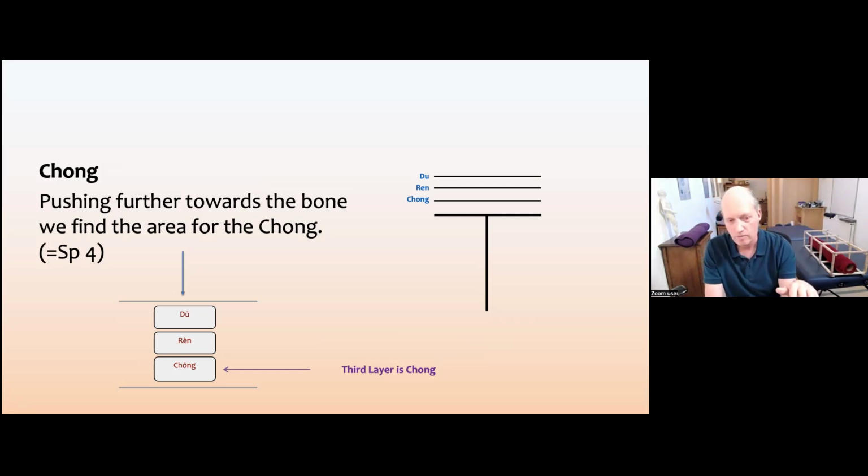Can you see there's some similarity between those three and the Du, Ren, and Chong? The Du is so external and to do with the upper body, and so Yang. I believe the Du is called the Sea of Yang, so it's absolutely about Yang and about Qi.